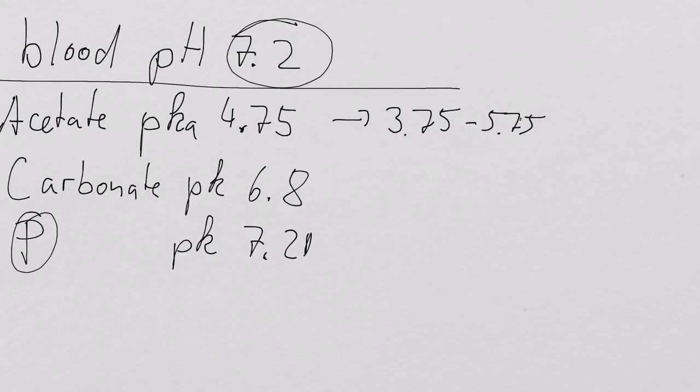Instead of sugar? Is it glycogen? No, they don't use glycogen. What do they use instead? They use lipids, exactly, fatty acids. And the oxidation of fatty acids produces acids. And these acids make the blood pH go down.